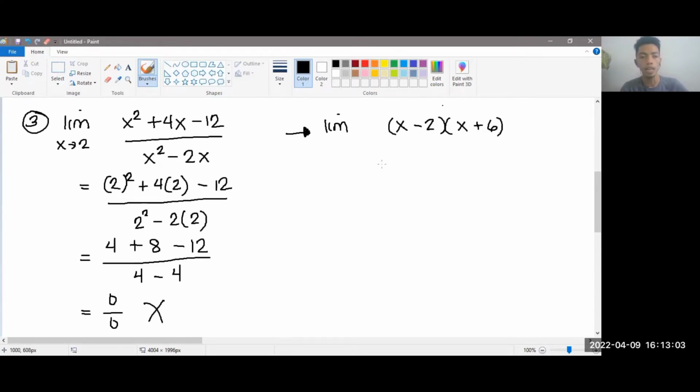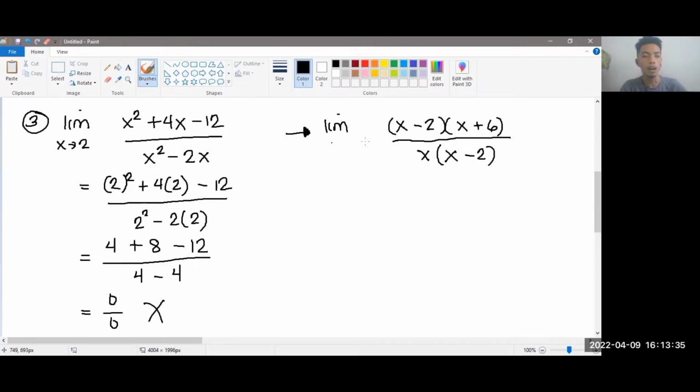Yung ibaba naman, hindi siya trinomial, isa siyang binomial. Pero we can factor it out as a common monomial factor. The common monomial factor in the denominator is x. So, I can factor out our x. And then, x squared divided by x, I have x here. And then, negative 2x divided by x, I have negative 2.